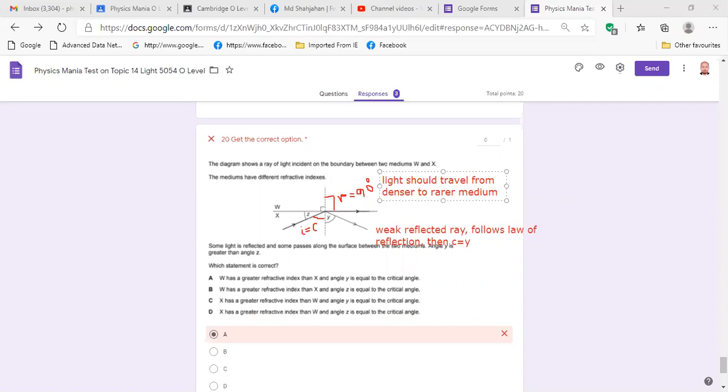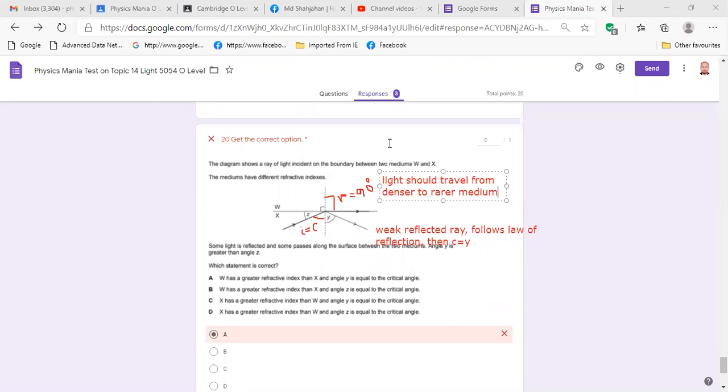Now you also know in which medium the refractive index is more, the lighter medium or the denser medium. Refractive index is always more in the denser medium.